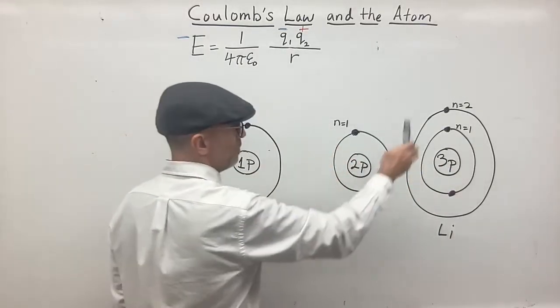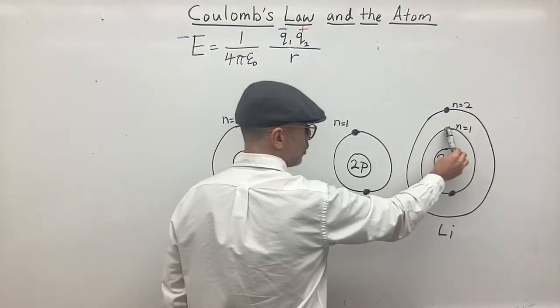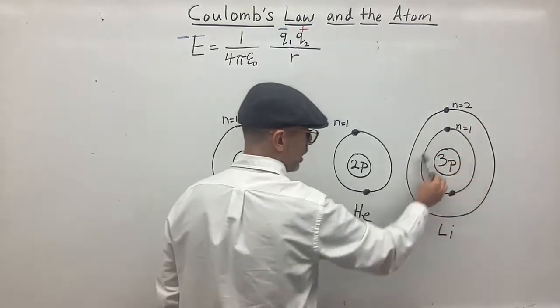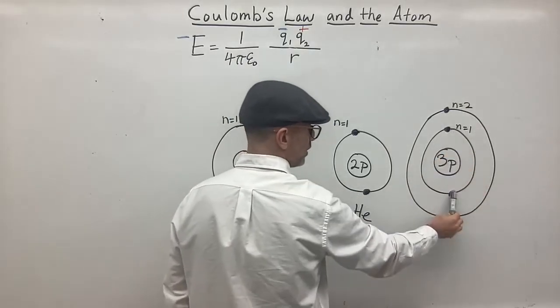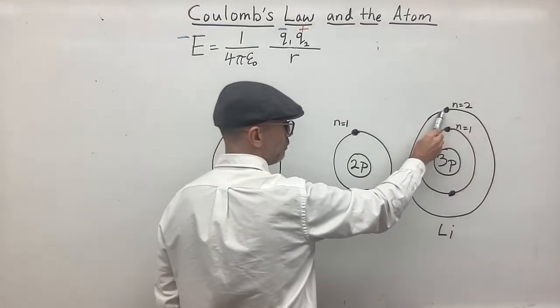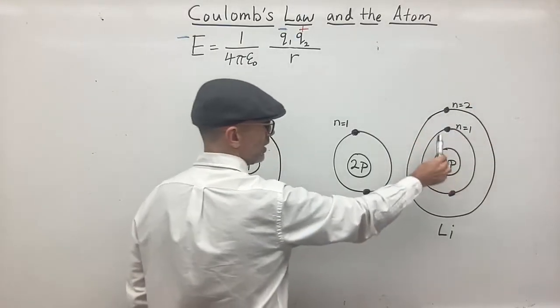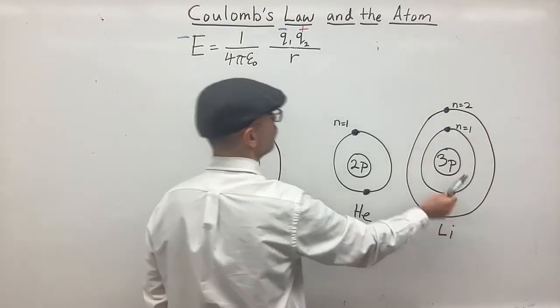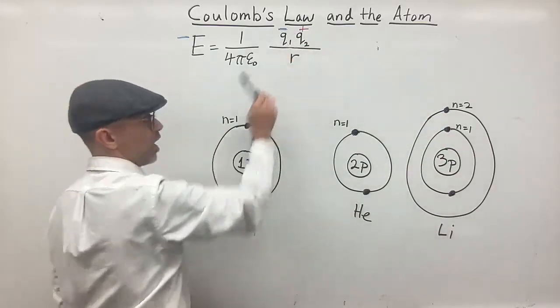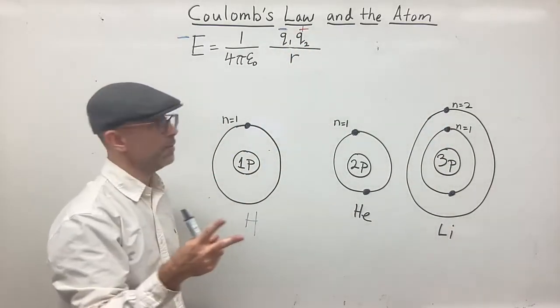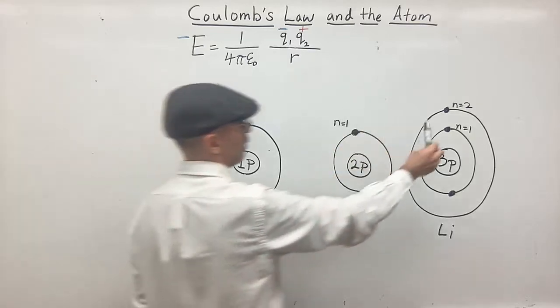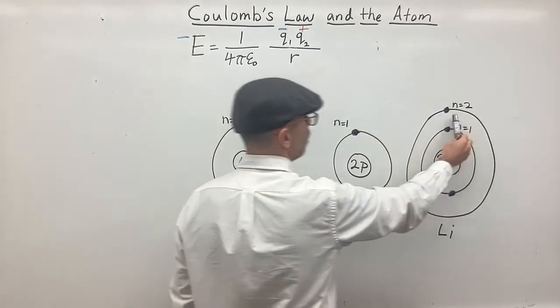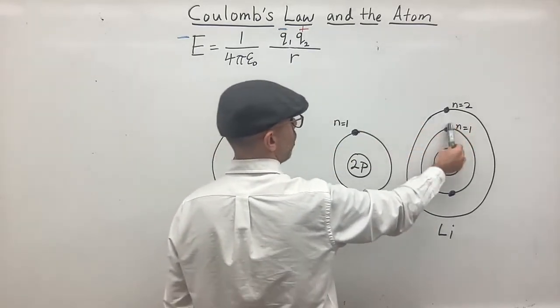But at the same time, you can see that these two electrons are on the inside. Both of these electrons are going to have a repelling force on this one. So you can see this as a 2 negative, so our negative charge will be 2, and then we have a negative charge here. So we have 2 negative, 1 negative.